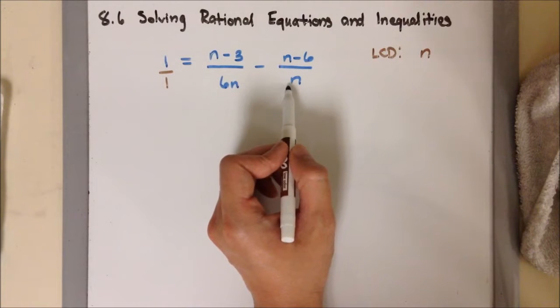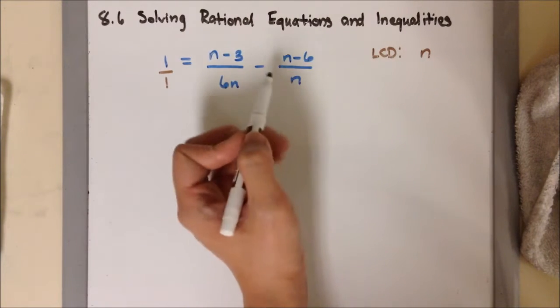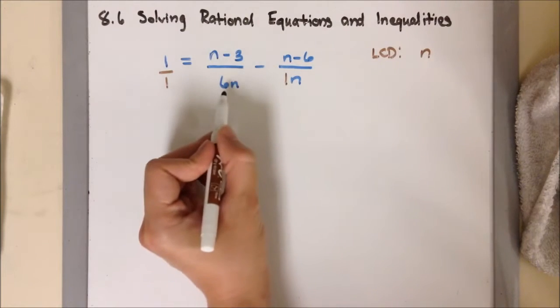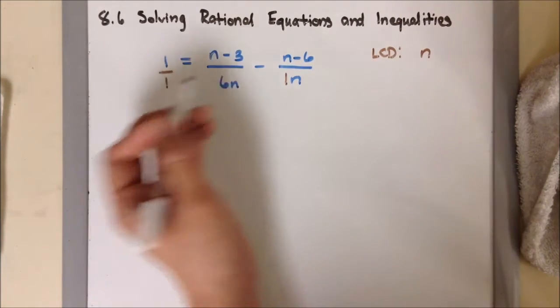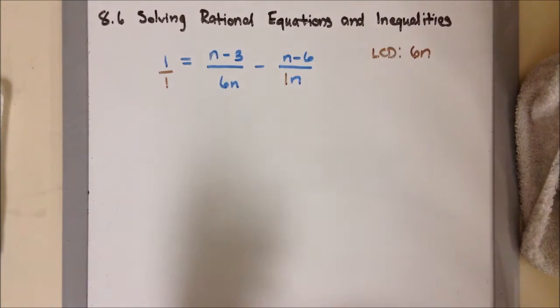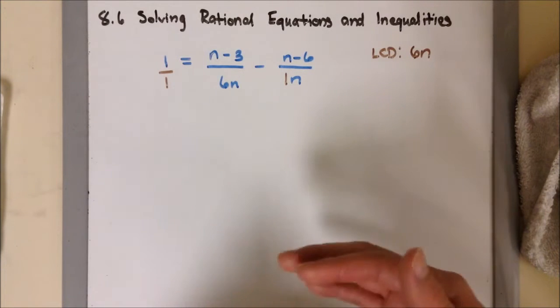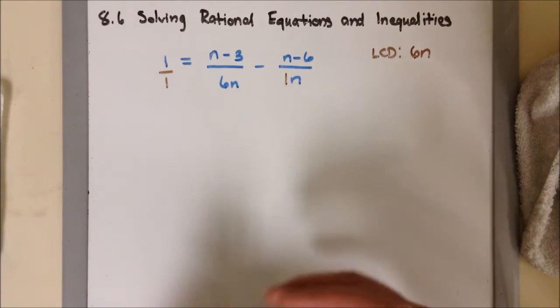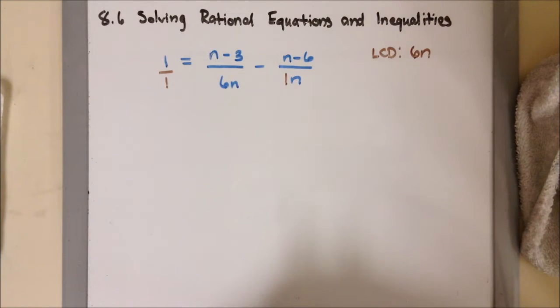The right fraction has an invisible 1, and you can make 1 become 6 by multiplying by 6. So I'm going to say that 6 is going to be in the LCD. Make sure to pay very close attention as I go through identifying the LCD, because it does take a little bit of thought process to properly identify our LCD.